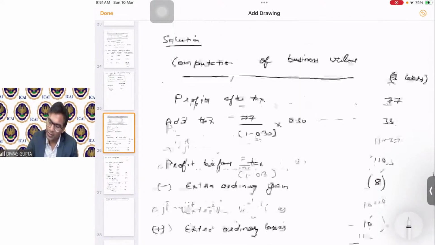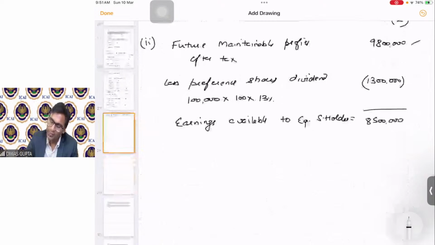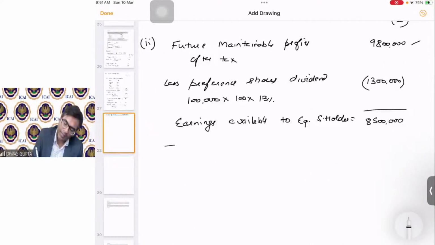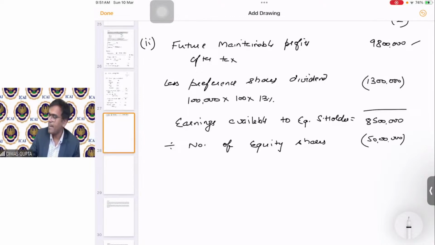Earnings per share. So for calculating EPS, we have to divide by the number of equity shares, which is 50 lakhs. Correct?